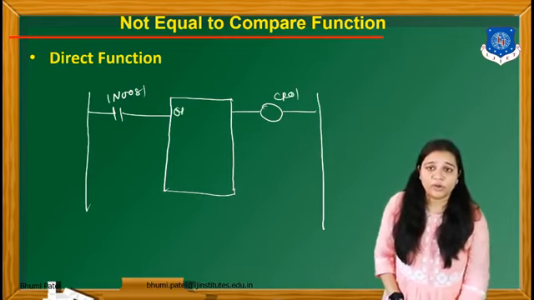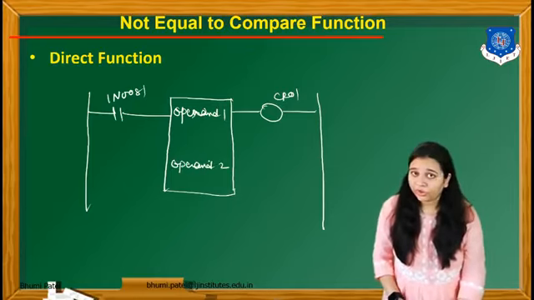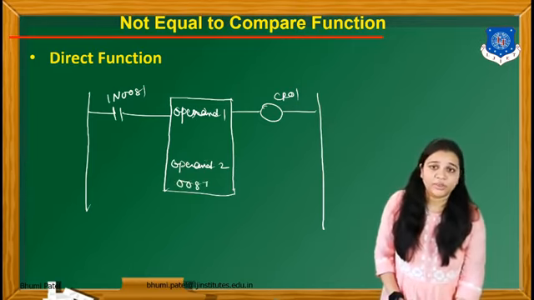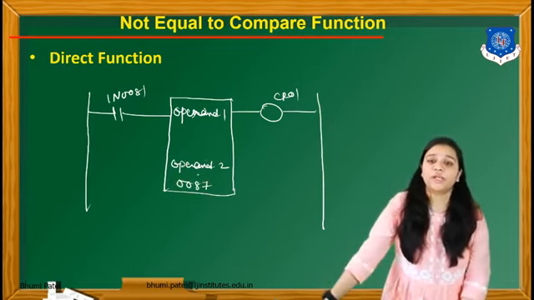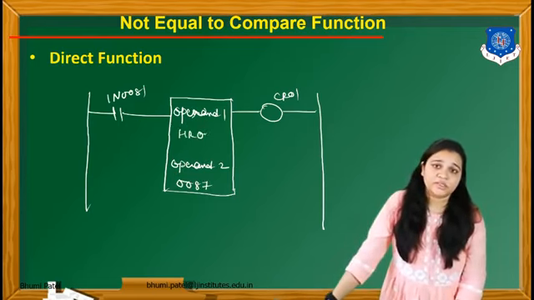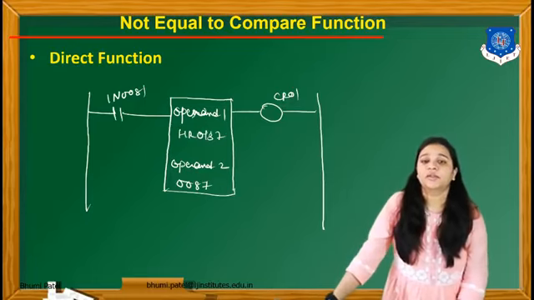What is the block format? We take operand 1 and operand 2. For the not equal to compare function, suppose in operand number 2 the number given is 0087, and in operand number 1 they give some register, suppose HR0137.